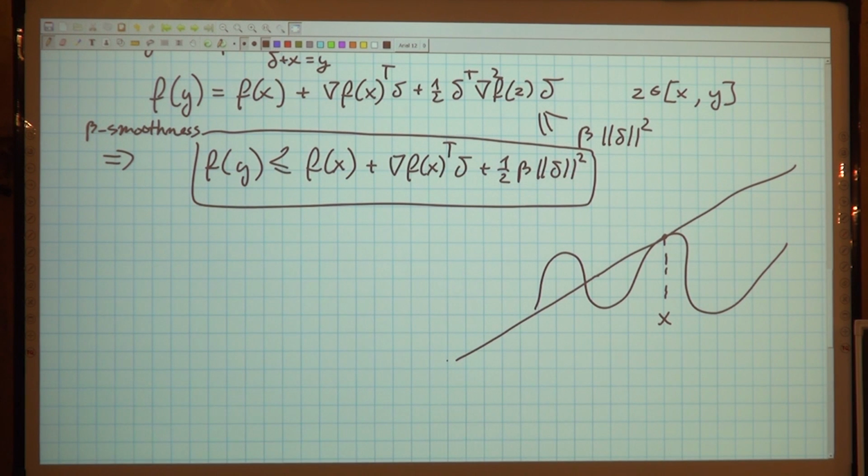But smoothness tells me that if I put a quadratic function that starts at this x with this slope and goes at the rate of beta, then the whole function f is below this.